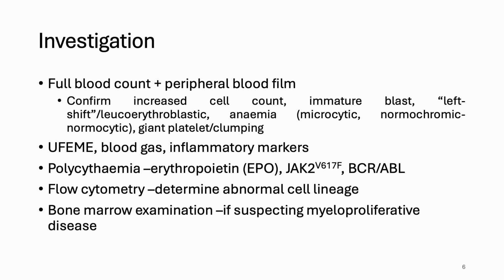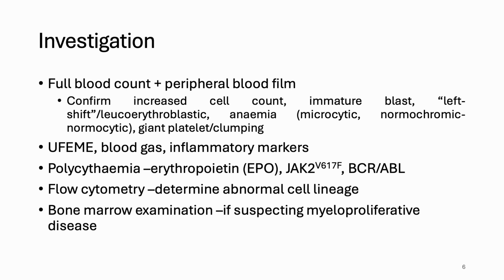Check the inflammatory markers, which would cause elevations in the white cell and the platelet. Specifically for patients with polycythemia, we can check the erythropoietin level, the EPO, and the JAK2 and BCR-ABL genes, but this would be advisable after consulting with a senior clinician.